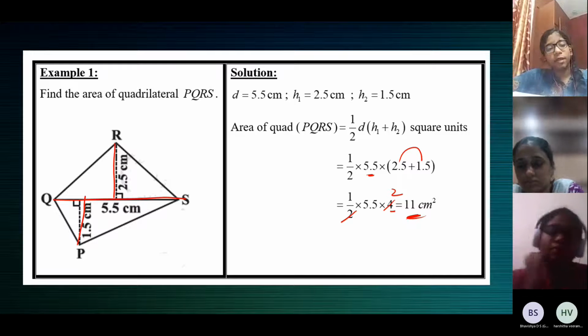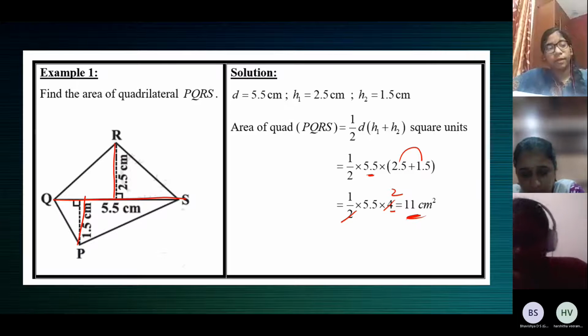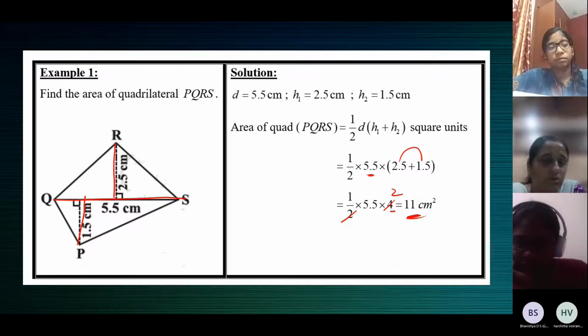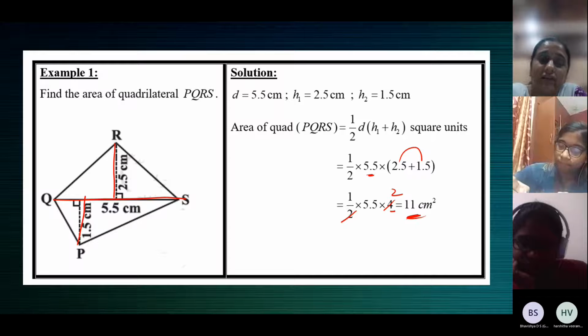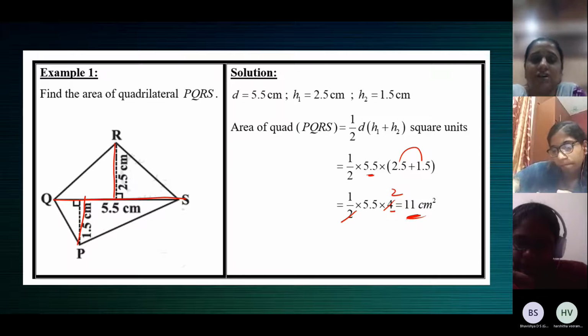In a quadrilateral, a diagonal doesn't divide the quadrilateral into two equal halves. No, not in every quadrilateral. There will be special quadrilaterals where the diagonal will divide the quadrilateral into two equal halves, but in general, it's not true.